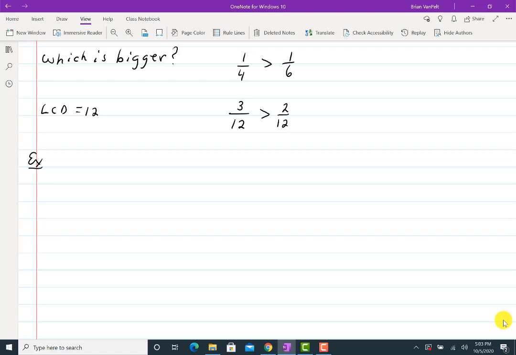So this one is, let's fill in the blank. Let's say I'd like to fill in the blank with either a less than sign or a greater than sign.